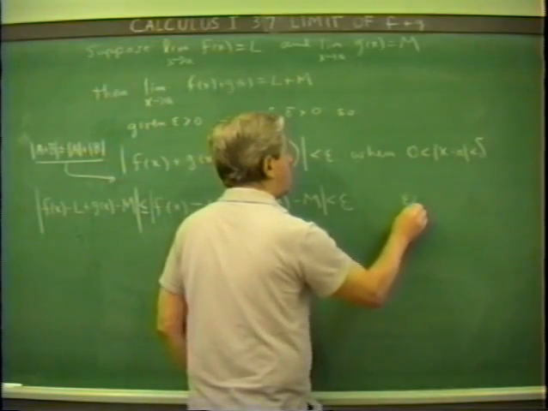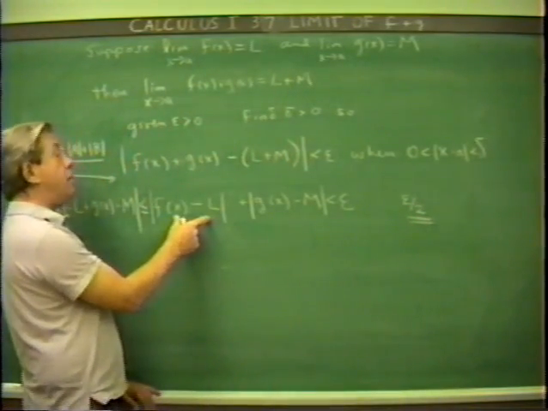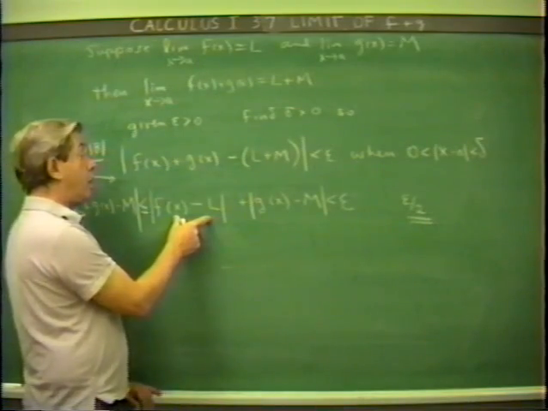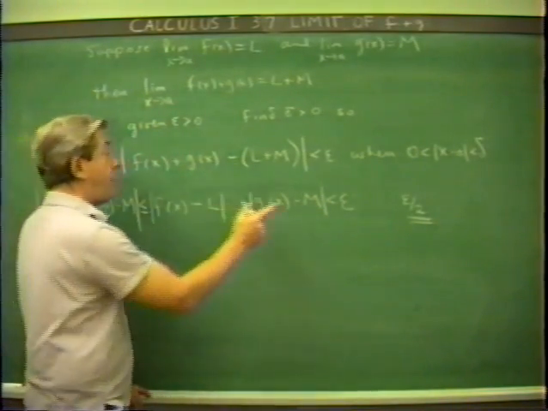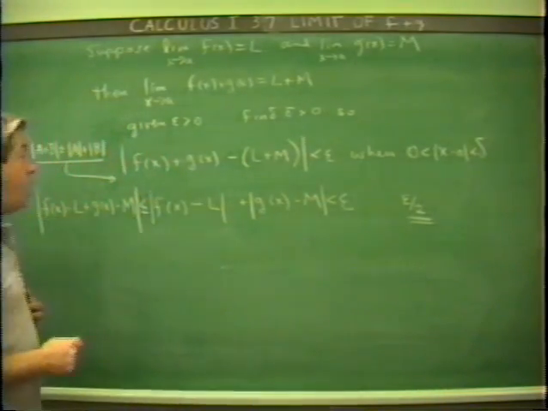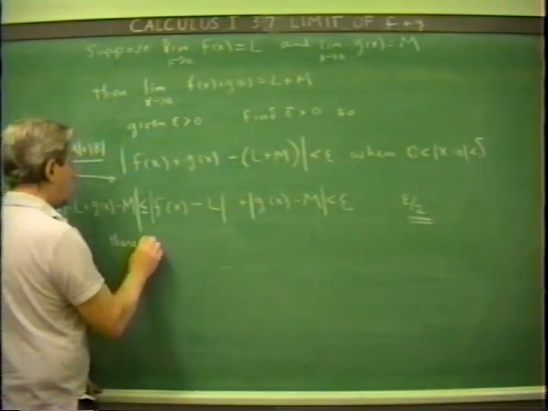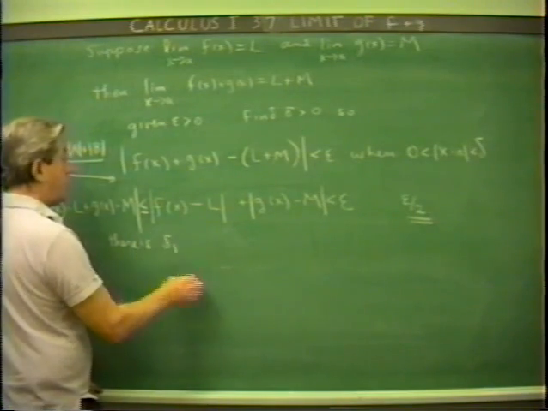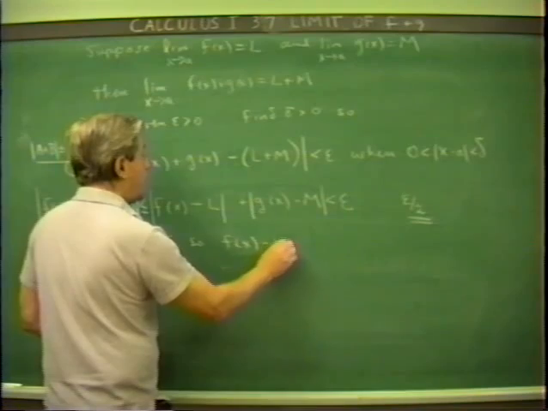And then it's infinity as x approaches a on the left, and as x approaches a on the right. If it's infinity on the right and infinity on the left, then the two-sided limit is going to be infinity. You find this delta on this side, and this delta on the other side, take the smaller of the two, and then as x approaches a, f of x will be larger than m, no matter whether you're on the left or right, when the absolute value of x minus a is small.